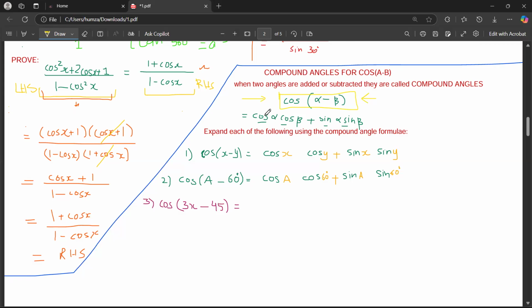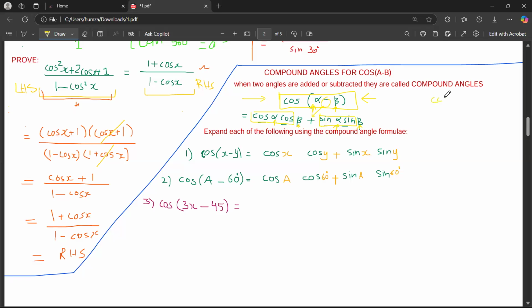But the pattern to notice here is that we have two cos and two sin. There is one alpha with cos and one alpha with sin, and one beta with cos and one beta with sin. And then the negative formula is changing into the positive formula.